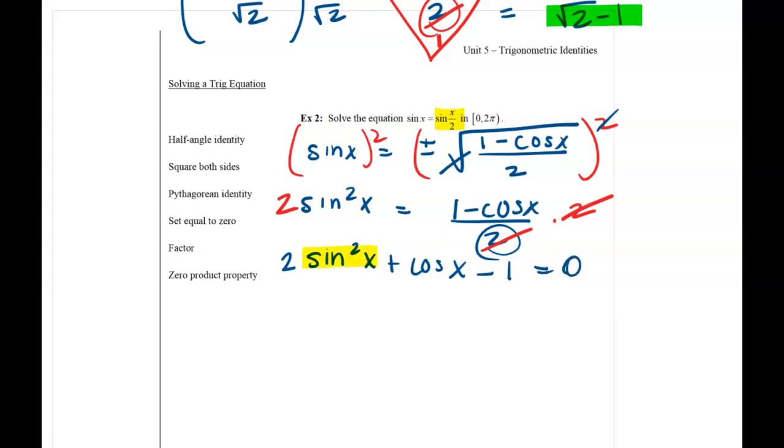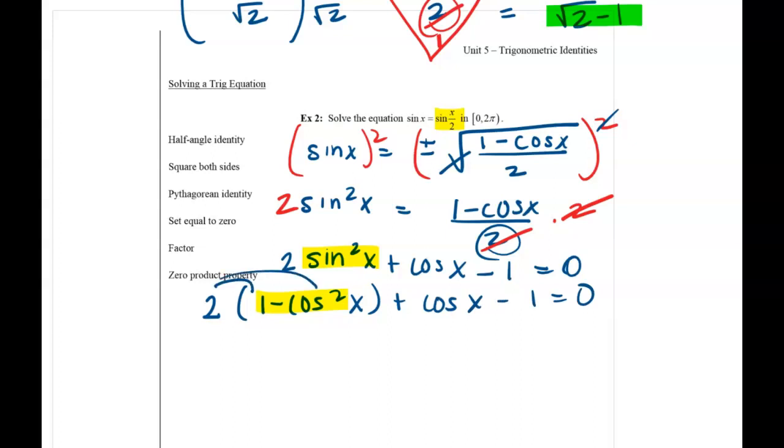Because I have sines and cosines, I'm going to change the sine squared x using Pythagorean. 2 in place of sine squared x is 1 minus cosine squared x. So I replace that with this, which is Pythagorean, plus cosine x minus 1 equals 0.